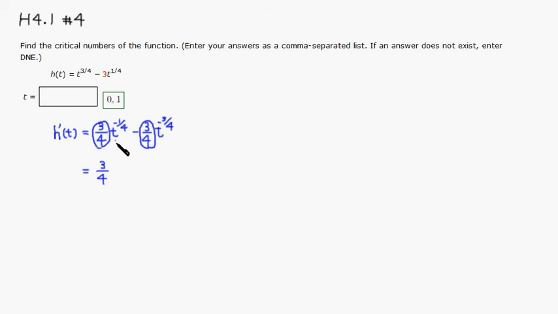Then when you look at the t to the negative 1/4 and the t to the negative 3/4, I'm going to factor out the bigger negative power. So in this case, t to the negative 3/4, so that when you factor out, you don't have to see a negative power.